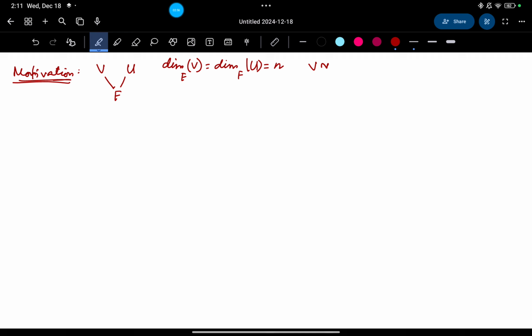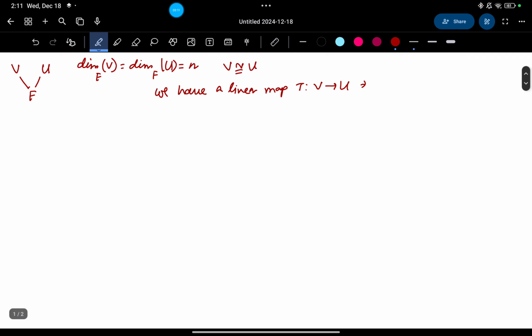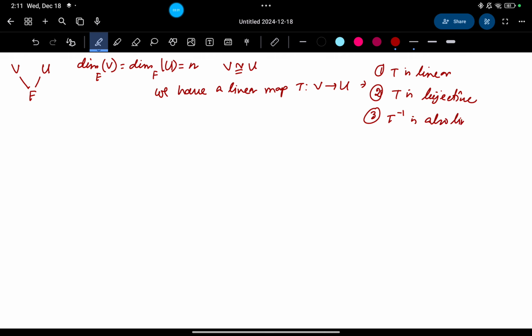As both are same dimensional vector spaces over a particular field F, of course we can say that V is isomorphic to U. That means we have a linear map T from V to U such that number 1, T is linear, number 2, T is bijective, and number 3, the inverse of T is also a linear map.